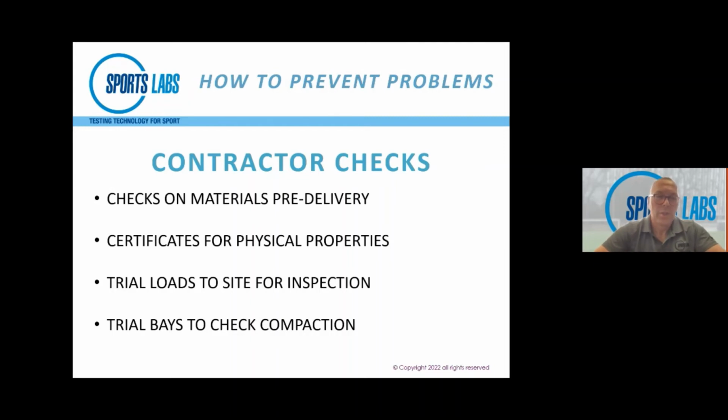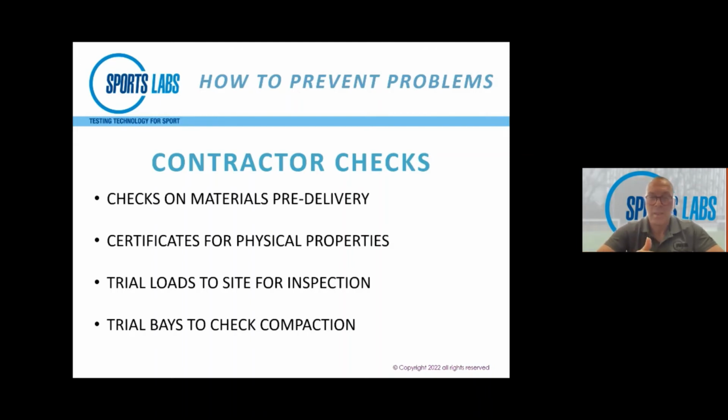But also, where you're in a compromised area, or you're limited in your choice of materials, we also advocate taking in trial loads and then building small bays on site. It takes time. It's not ideal, but you can build a small bay with the material that you're going to use, to the thickness, to the density that you're hoping to achieve on site, and that can even be tested.